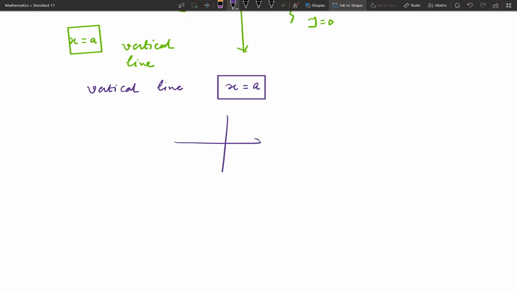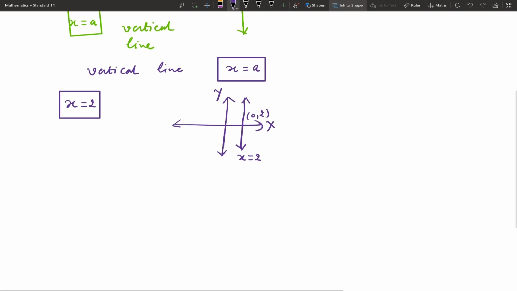Suppose we consider x equal to 2. This is the x-axis, this is the y-axis. Consider the line x equal to 2. Here this is the vertical line passing through (2, 0), and this is x equal to 2.